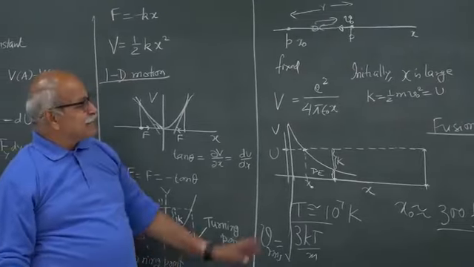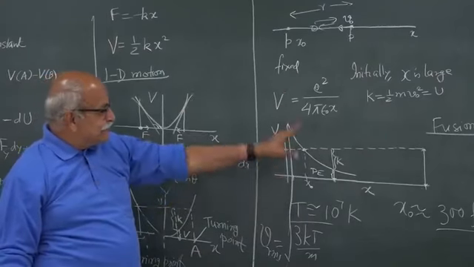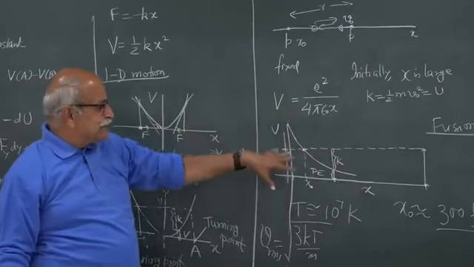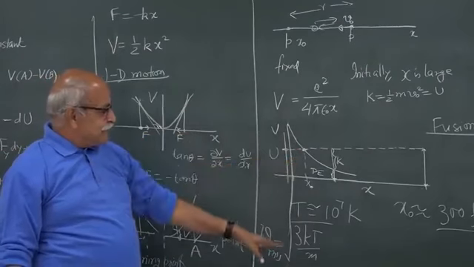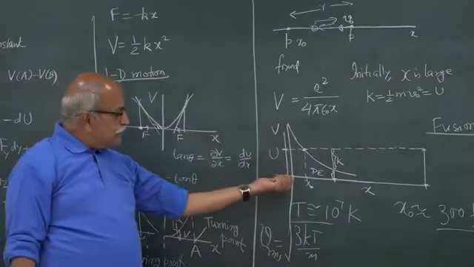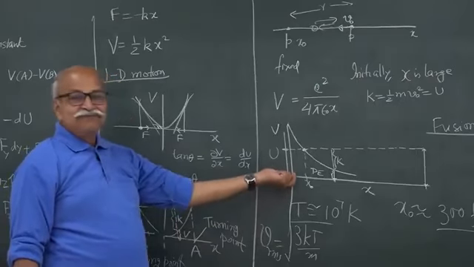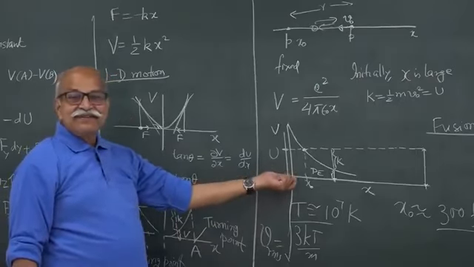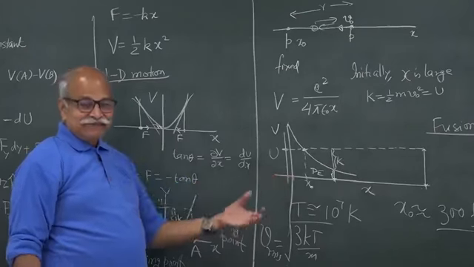So, there are other phenomena, barrier tunneling and such quantum mechanical phenomena, which finally give the required number of protons actually reaching here and fusing and creating the energy of the sun.